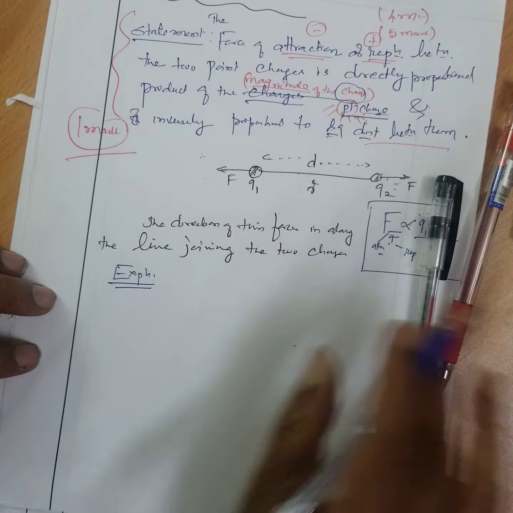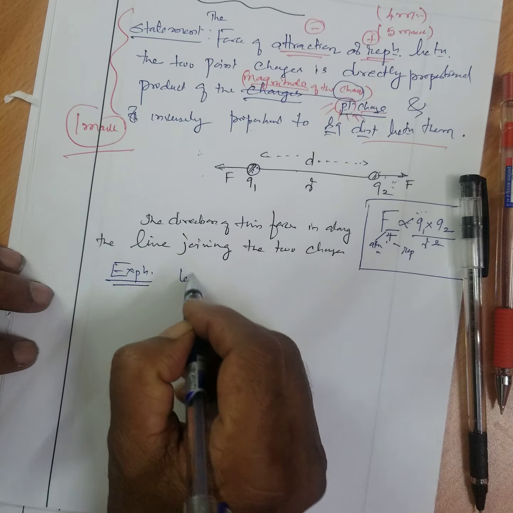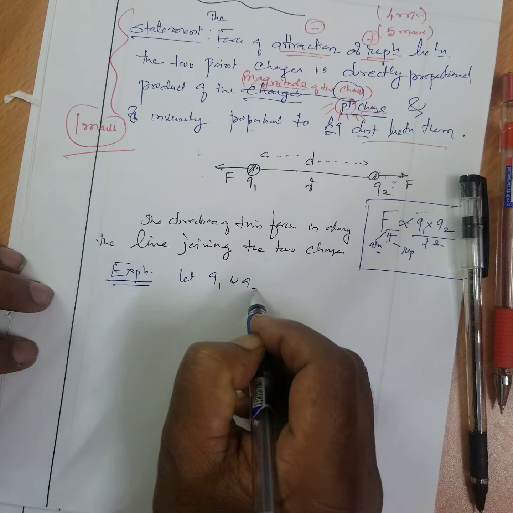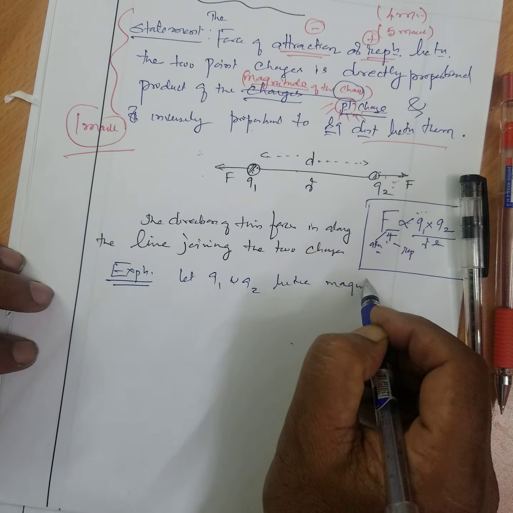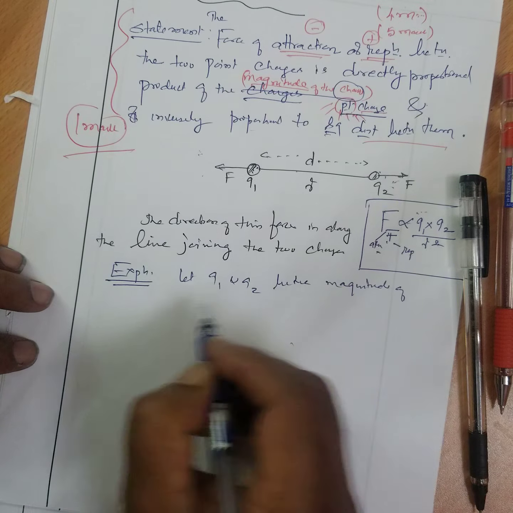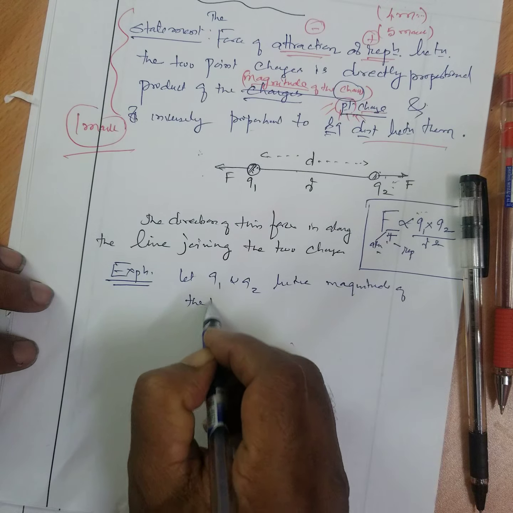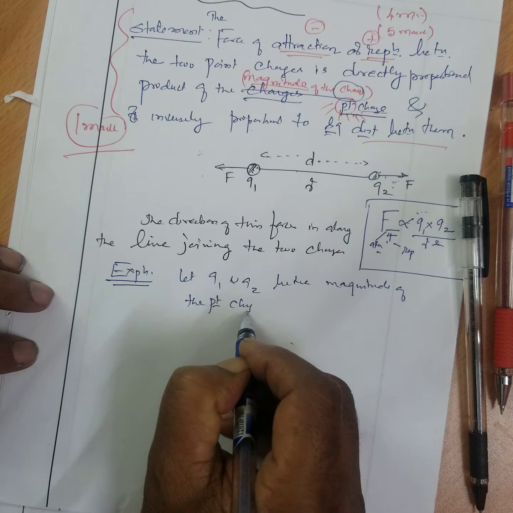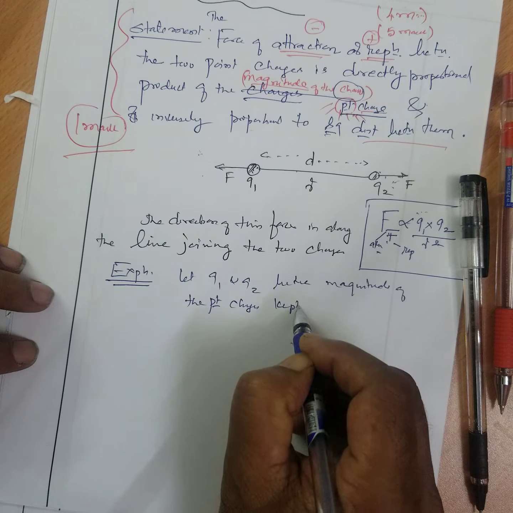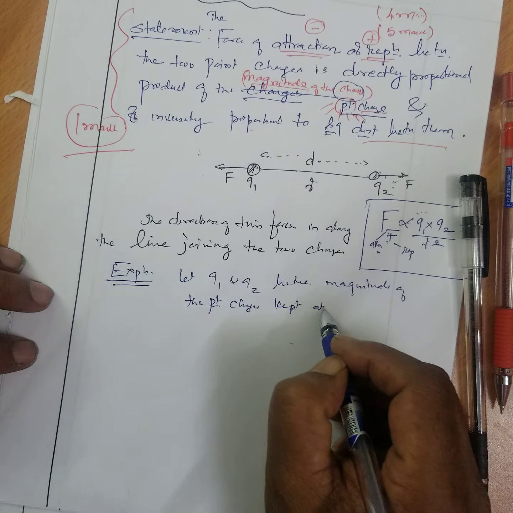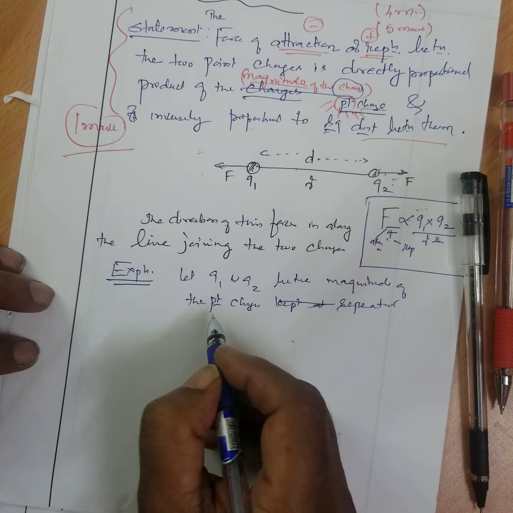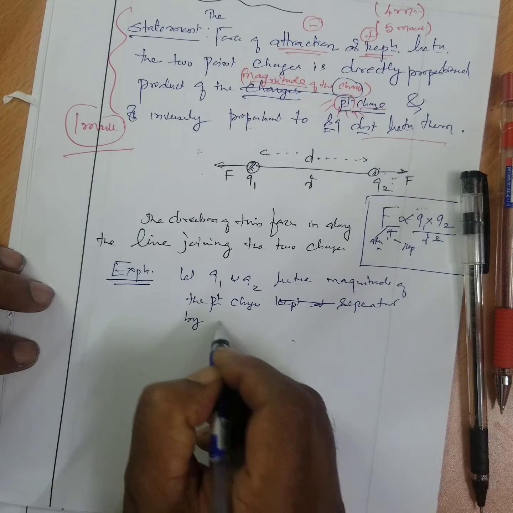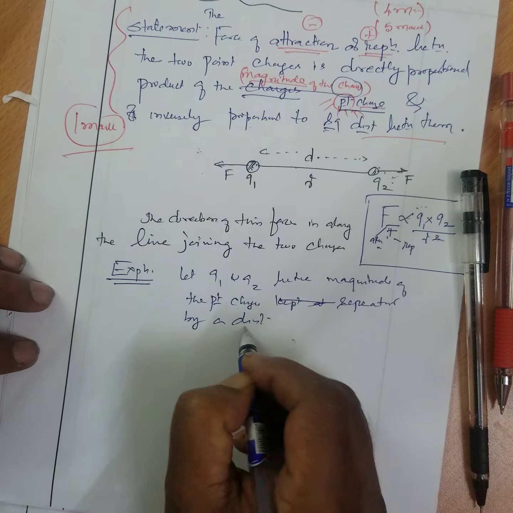Let Q1 and Q2 be the magnitude of the point charges, separated by a distance r.